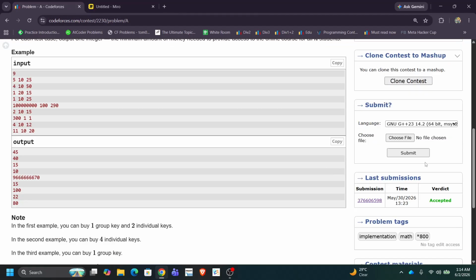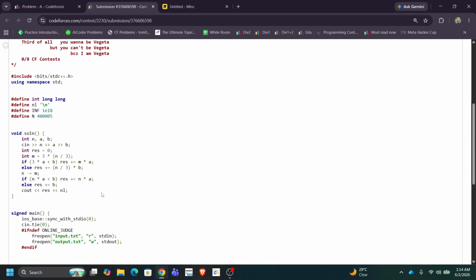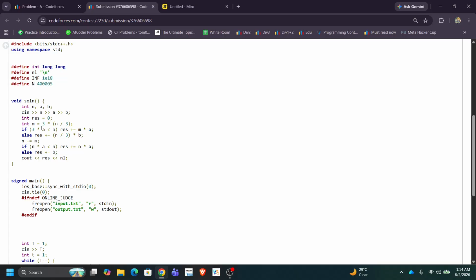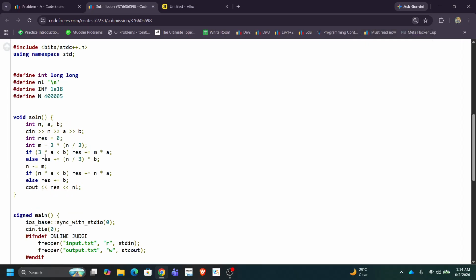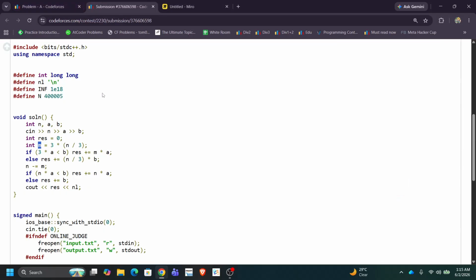Let's look at the code. See here, our initial result is 0, then m is basically this part.